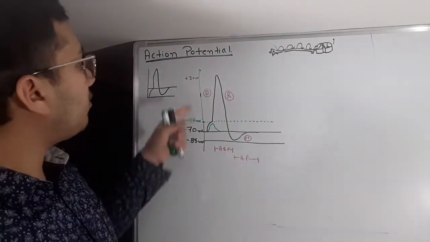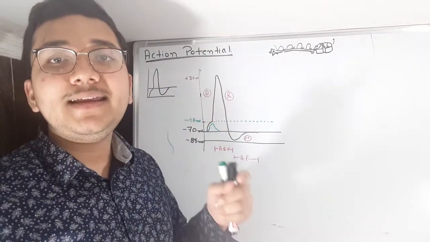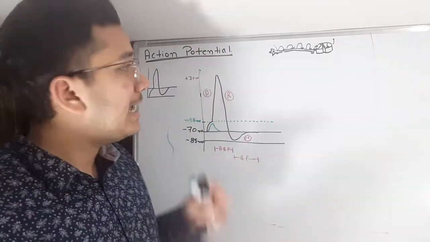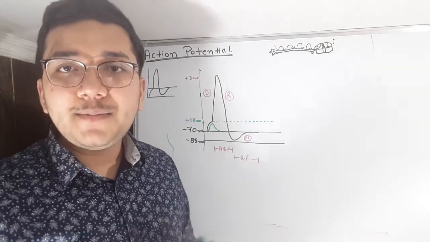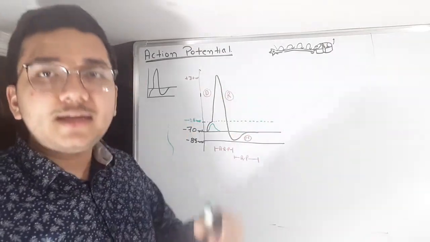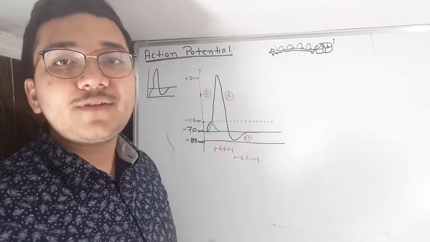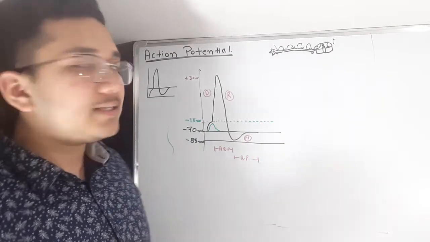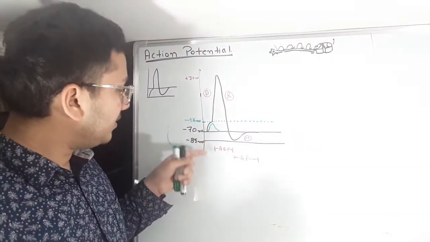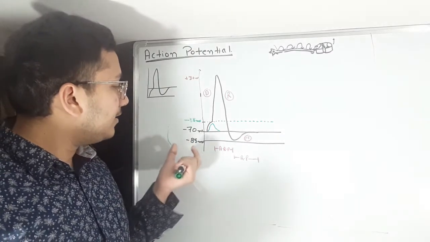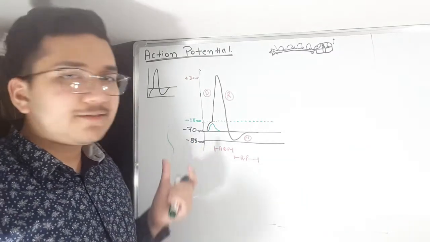But at around plus 30 millivolt, the inactivation gates close, and the potassium voltage-gated channels open, so there will be efflux of K+ ions outside the cell. So that's how the whole process occurs. The value reaches about minus 85 millivolt.